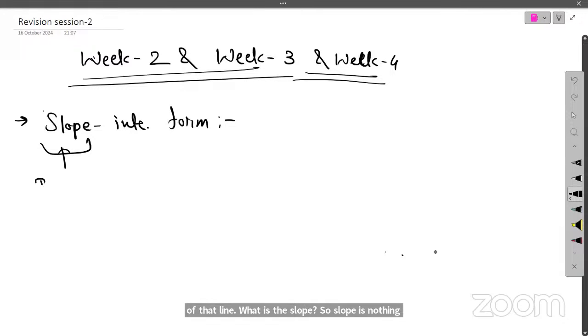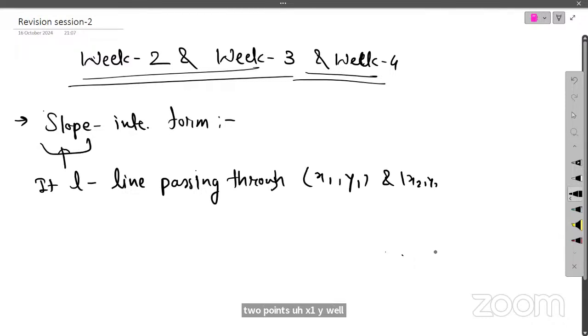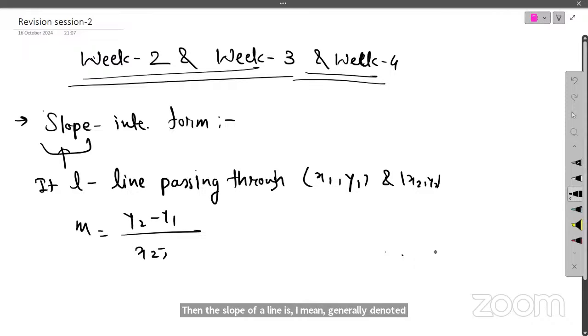So if L is a line passing through two points (x1, y1) and (x2, y2), then the slope of the line, generally denoted by m, equals (y2 minus y1) upon (x2 minus x1).